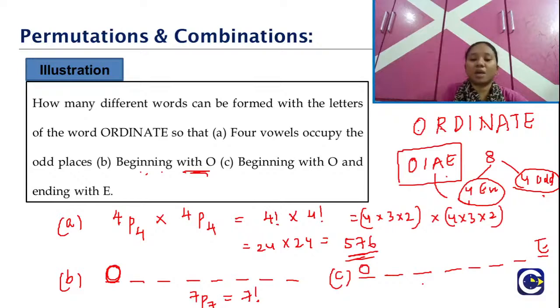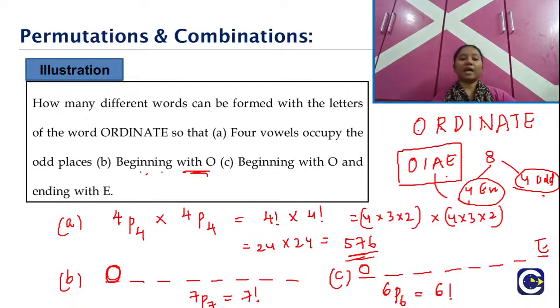How many letters do we have? 6 letters and 6 places. So it will be 6P6, which is equal to 6 factorial. These 2 are as simple as that. Whatever they have given has to be fixed and the remaining places can be arranged accordingly, in both questions B and C.